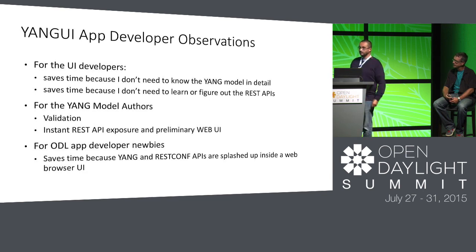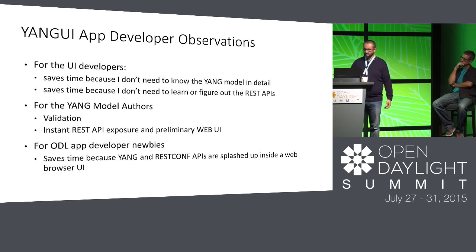It's better when a UI is there, because when you just change the model, YANGUI generates the form on the new version of this, so you just don't need to change anything in the UI.